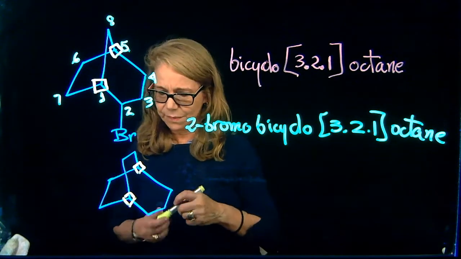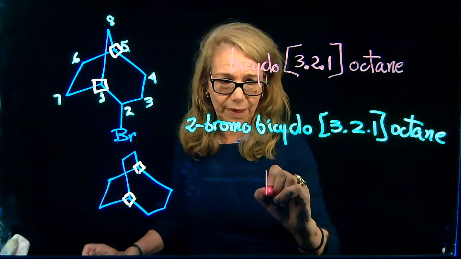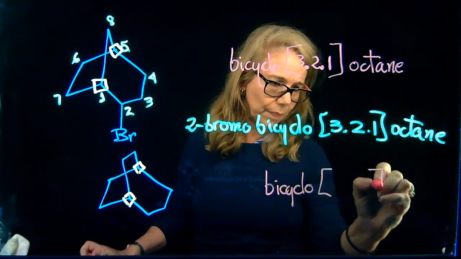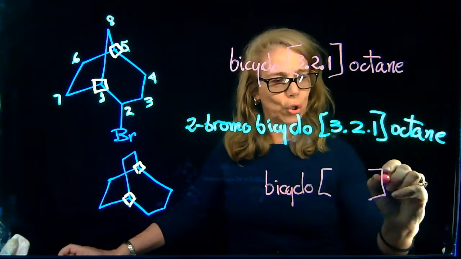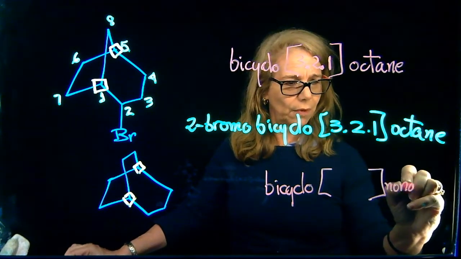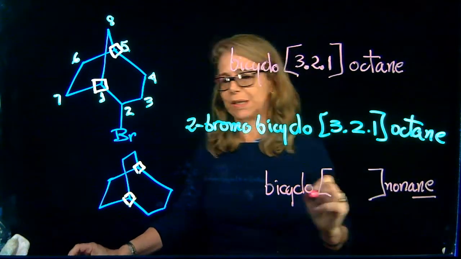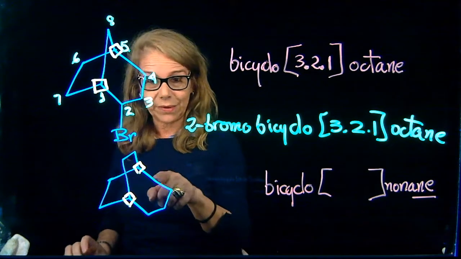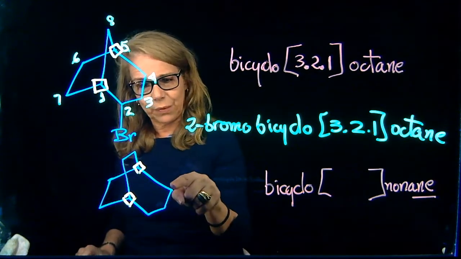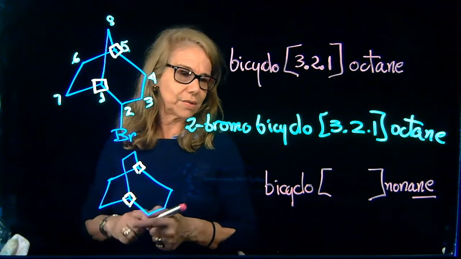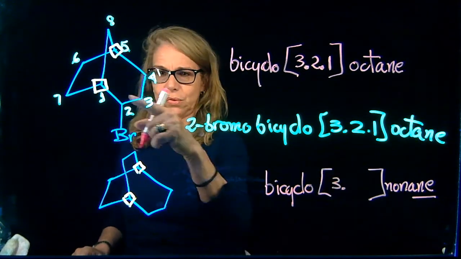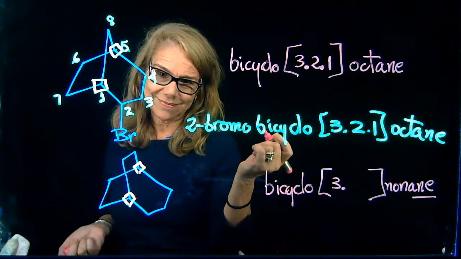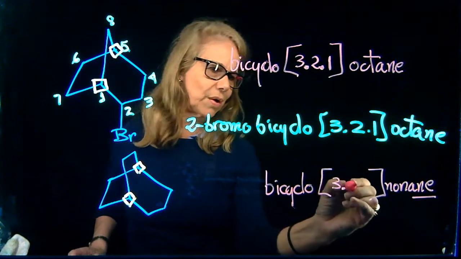So for the name, first remember we do bicyclo, something in here, and then nonane for 9 carbons. That's my termination for alkane. Right, so now from the bridgehead, let's count the number of atoms to each of the sides. To this side, we'll have 1, 2, and 3. So I'm going to put here a number 3. That's similar to that one. Then to this side or that side, either way, we have 2. So this is 2 and 2.